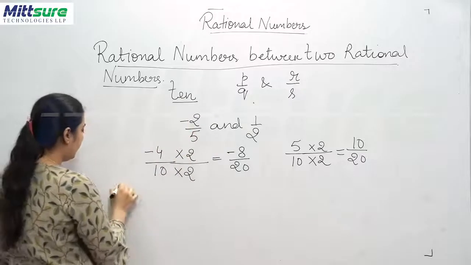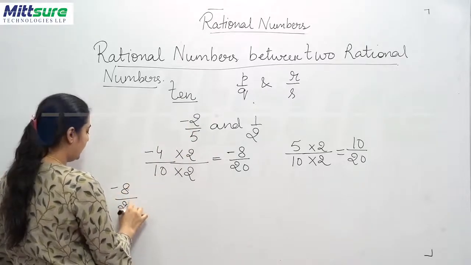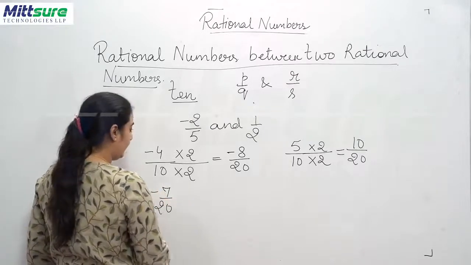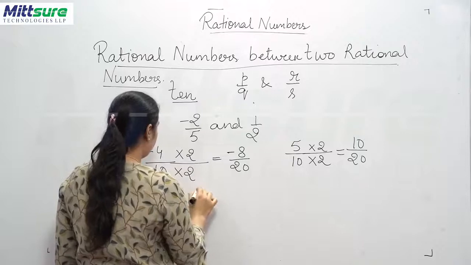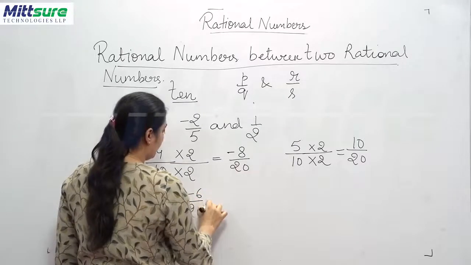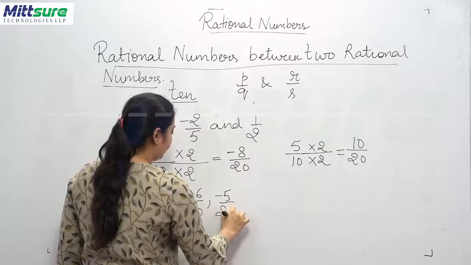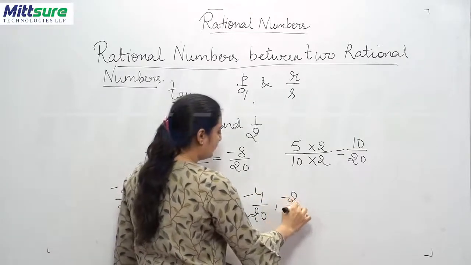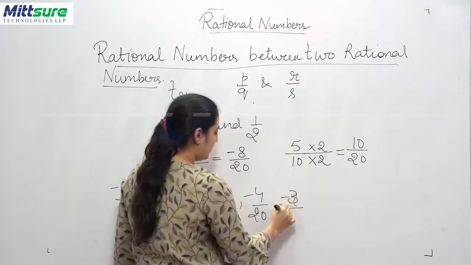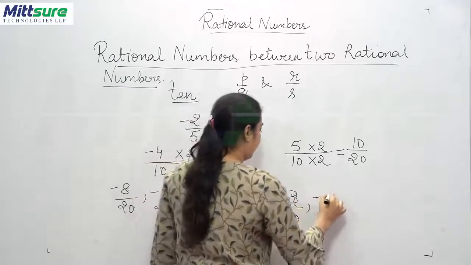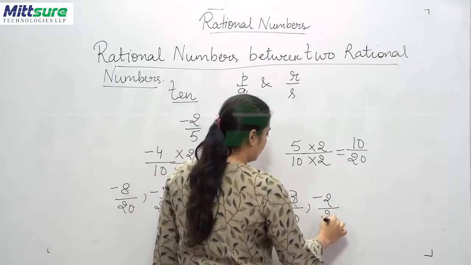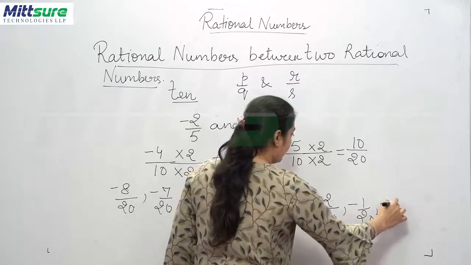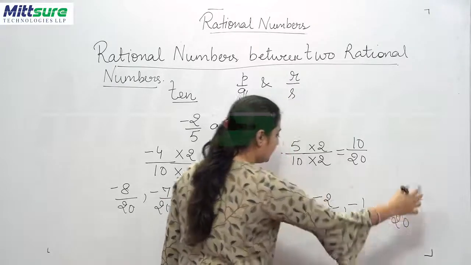Let's start with -8 upon 20, then -7 upon 20, then -6 upon 20, -5 upon 20, -4 upon 20, -3 upon 20, -2 upon 20, -1 upon 20, 0, 1 upon 20, and so on.